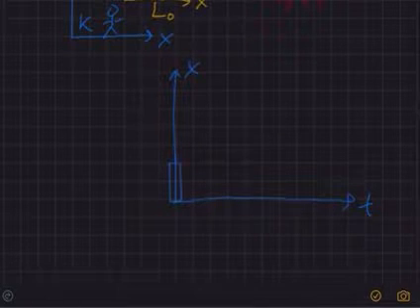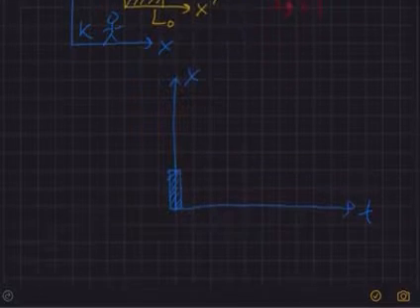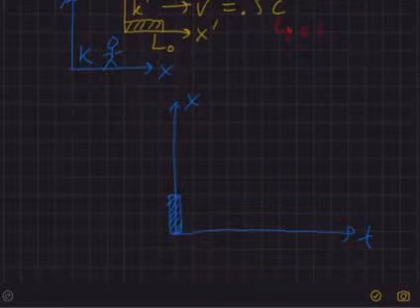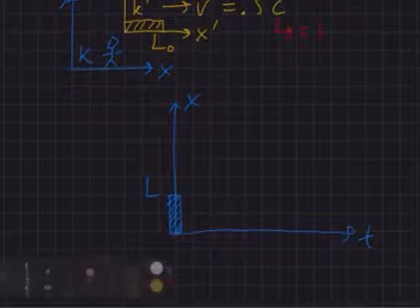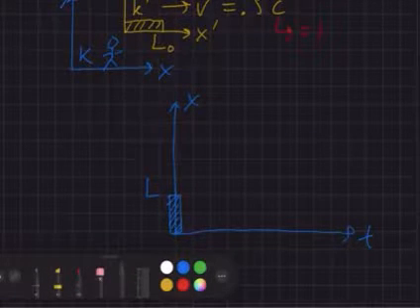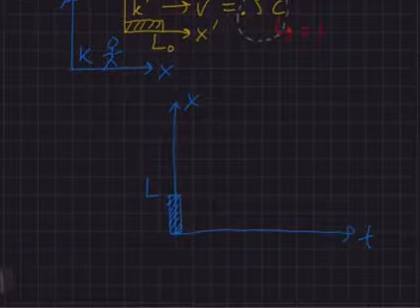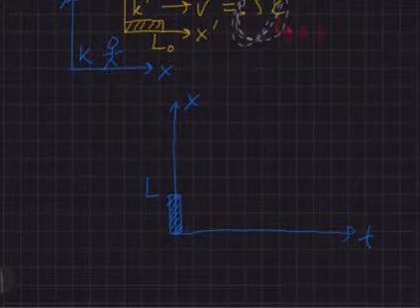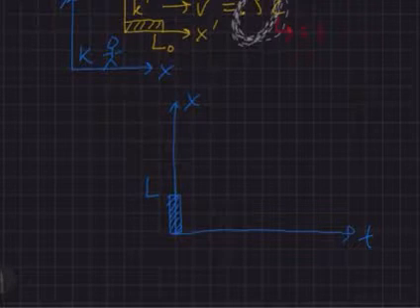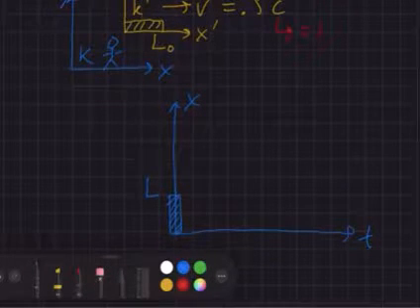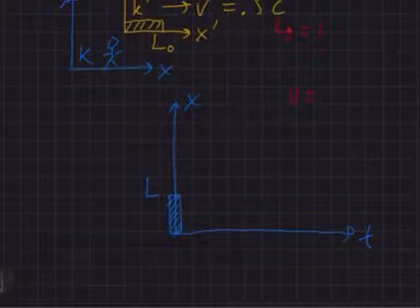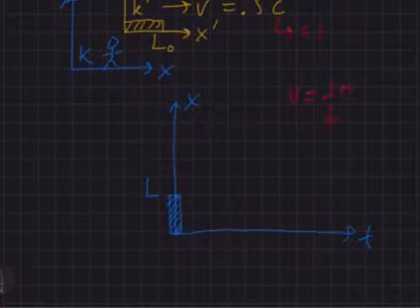At t equals 0, we'll assume that the observer in K sees the ruler, in which case the ruler would just lie on the x-axis and have a length L. Since the speed of the ruler is 0.5 meters per second, we can write it as 1/2 meters per second.